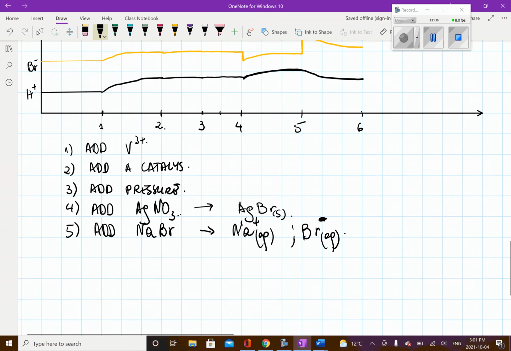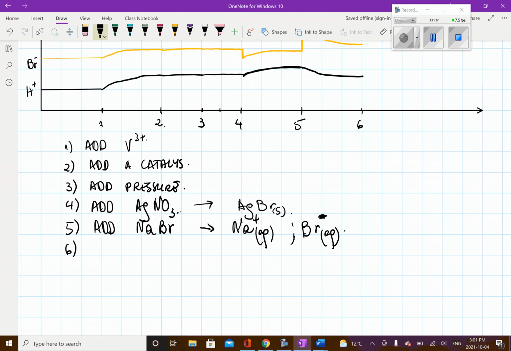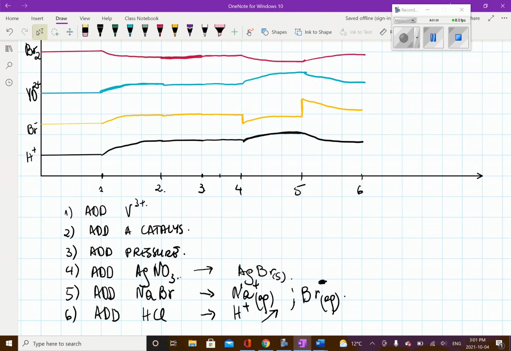And now we introduce the last stress when we are adding hydrochloric acid. By adding hydrochloric acid, we are increasing the concentration of hydrogen, and by doing so it is like a jump on hydrogen, and then the equilibrium is reached.